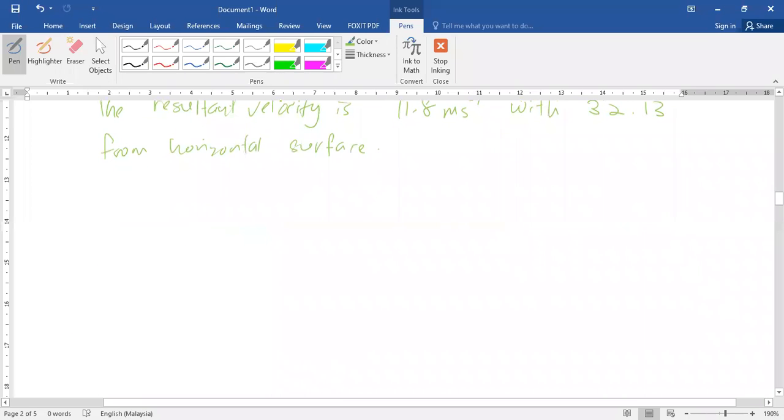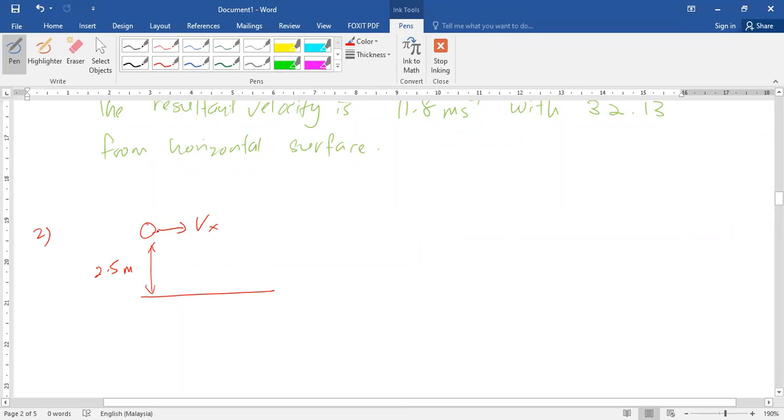Okay, for question number 2, a girl hit the ball where the ball leaves. We don't know how much the Vx is, but we know that it is 2.5 meters above the ground.